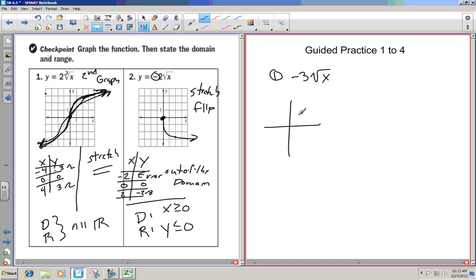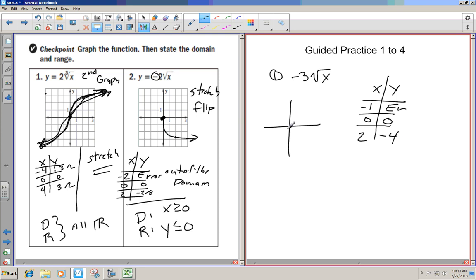negative 3 square root x, when you graph it, you'll see that for the table of values, once again, anything less than 0 gave you an error. 0 was 0, and at 2, you've got negative 4.2, about.